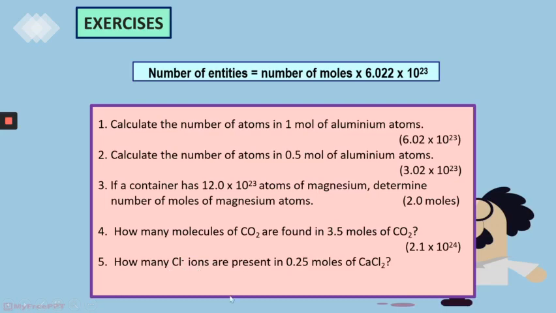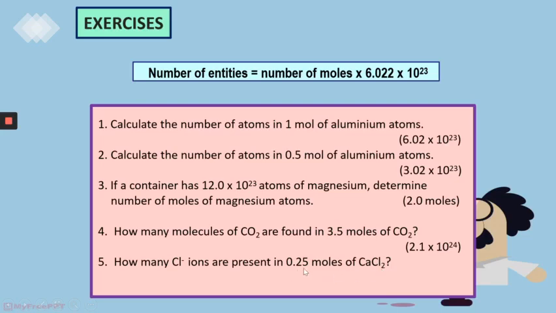So to answer this question, firstly, you must determine the number of mole for Cl minus ion. How to calculate the number of mole of Cl minus ion? Look at the molecule. CaCl2 contains 2 atom Cl. 1 mole contains 2 Cl.